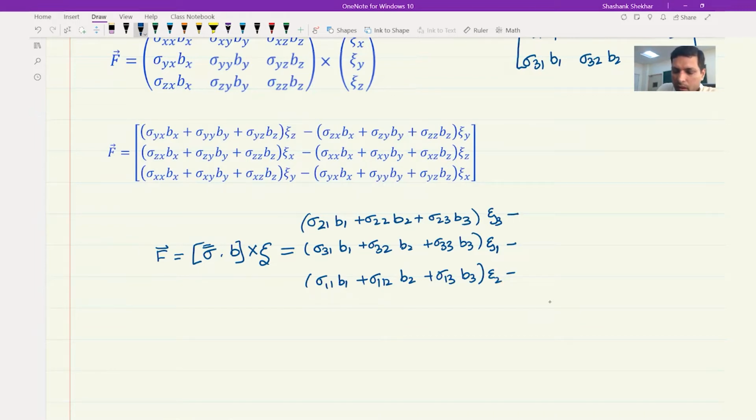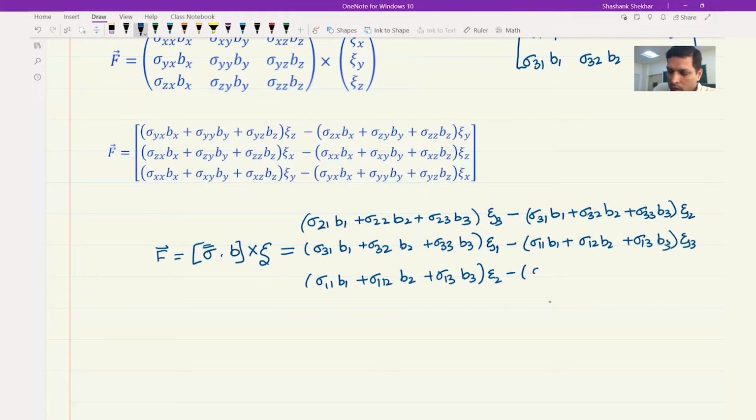So you see this is a vector. Keep in mind this is no more a determinant or a tensor quantity. It has only 3 values because the force field is a vector: fx, fy, fz. And over here we have sigma 31 b1 plus sigma 32 b2, sigma 11 b1 plus sigma 12 b2 plus sigma 13 b3, and 3.